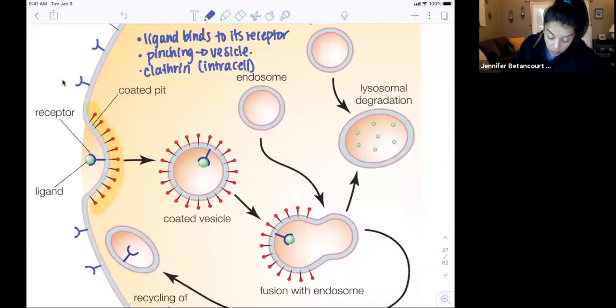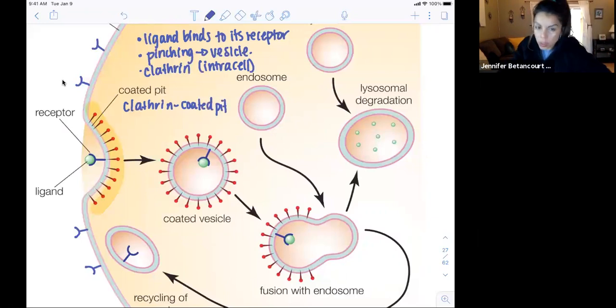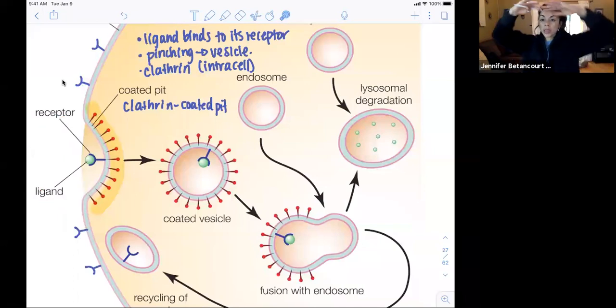So clathrin, we say that the phospholipid bilayer on special cells are coated, right? It's coated with clathrin. So oftentimes you'll see a clathrin coated pit, as the phrase, people call it a clathrin coated pit. And so when this bubble kind of forms, so it's pinching, pinching, pinching, basically it's gonna pinch until it makes a complete circle.